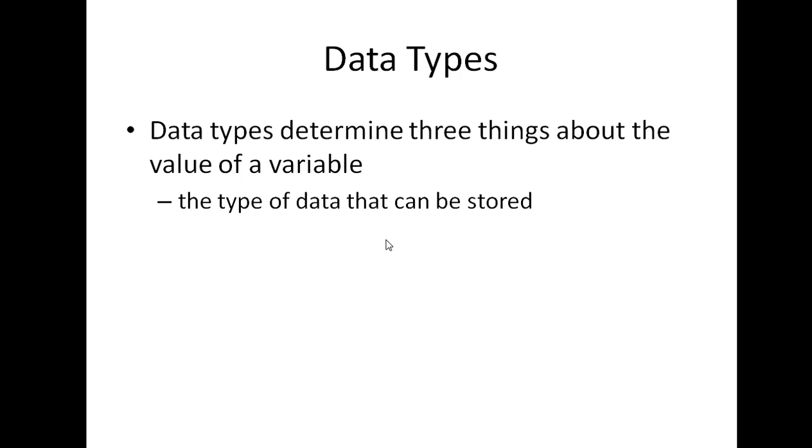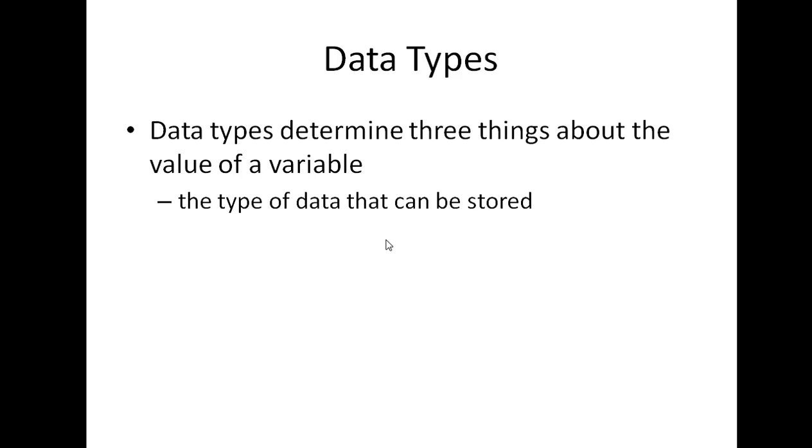So if we establish a variable to be an int data type, we are restricting the type of data that can be stored in it to just integers, like 12 or 15 or 32. It means that we cannot store things like a pet's name or a person's name or a type of sport.